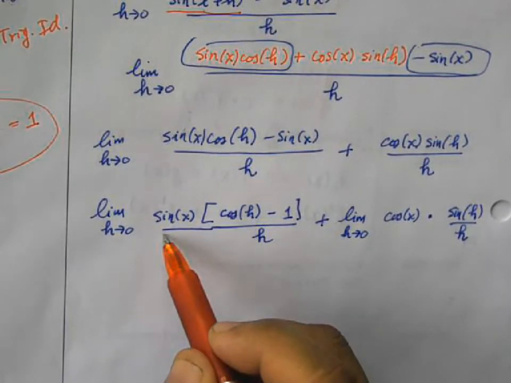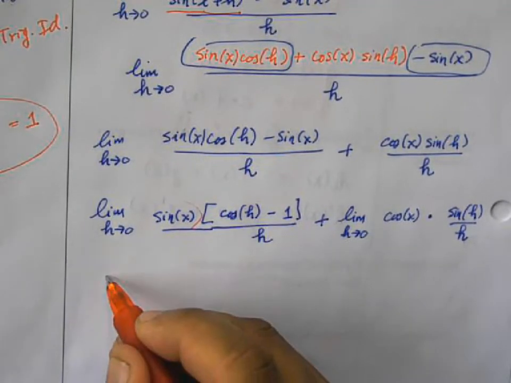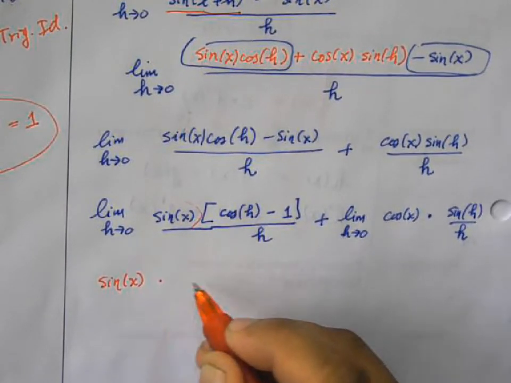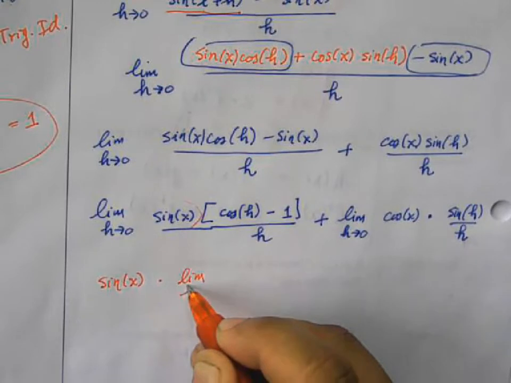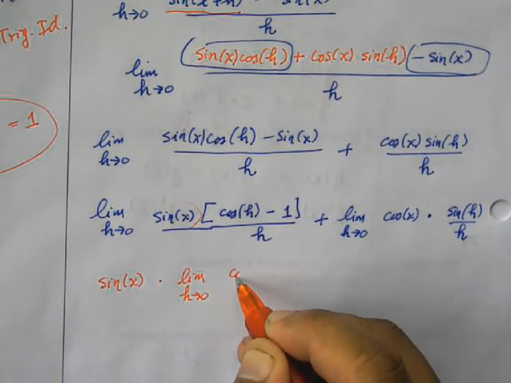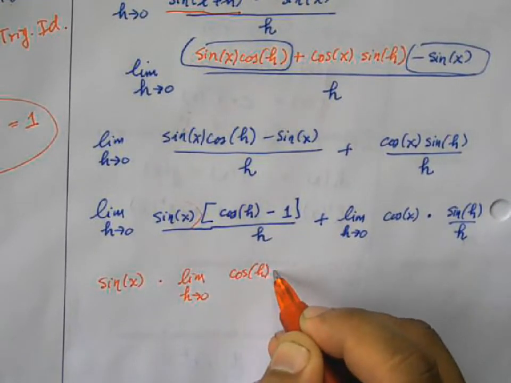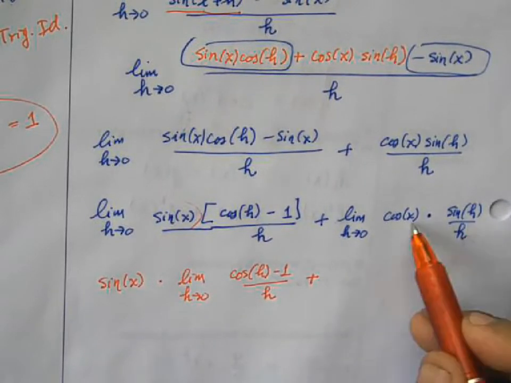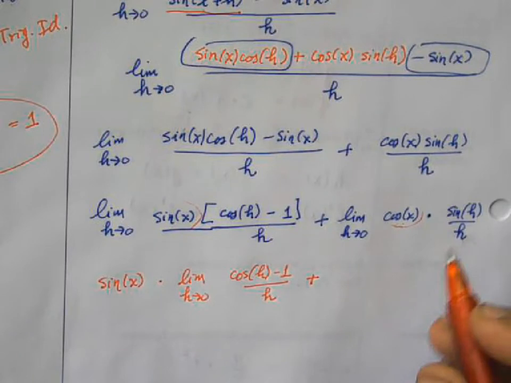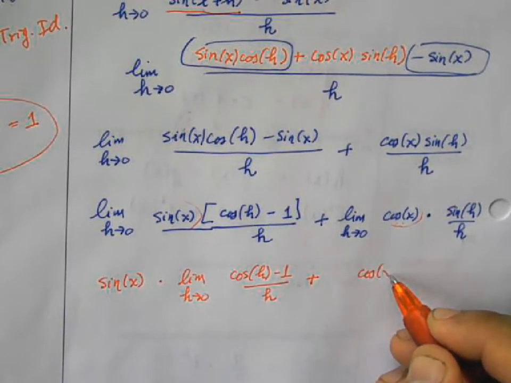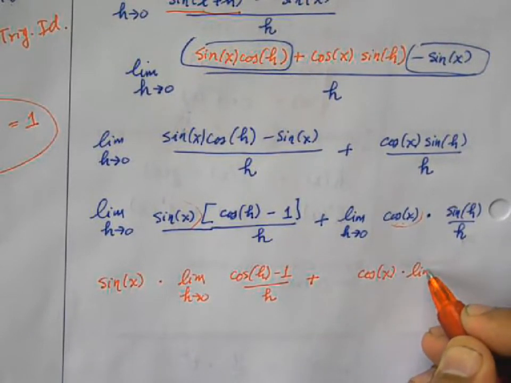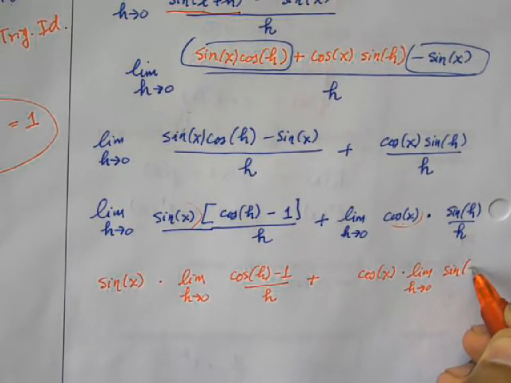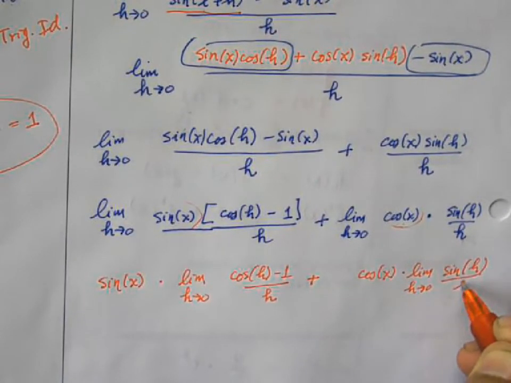So what we can do is pull this sine of x out to the front, and what we have left is the limit as h approaches 0 of cosine of h minus 1 over h, plus, and I'm going to do the same thing here, we can pull this cosine out to the front: cosine of x times the limit as h approaches 0 of sine of h over h.